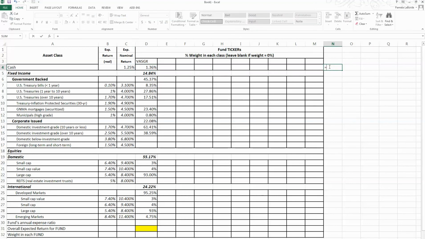So to calculate cash's contribution to the overall expected return, I take that 1.36 times the 1.25. So that's cash's overall contribution to the expected return. Now I need fixed income's overall contribution. Fixed income is only about 15%, but it is weighted all these different ways.